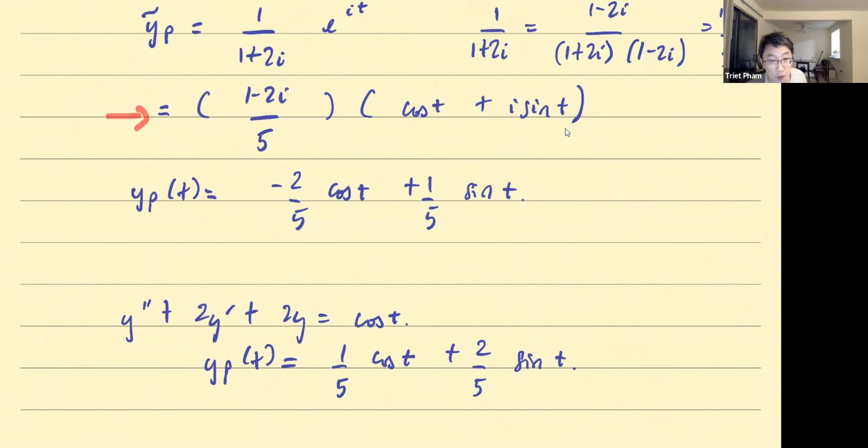So basically, when you do the complexification approach, you get two solutions for free. Of course, you only have one forcing function, so you're not really looking for the other one. But that's a bonus if you care to see it that way.